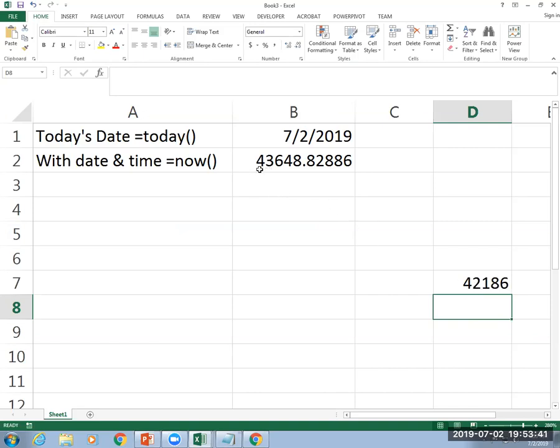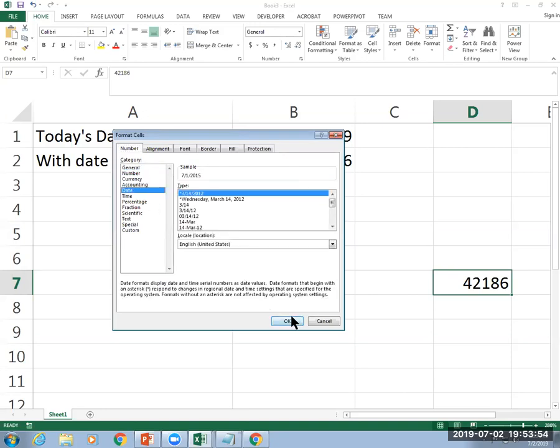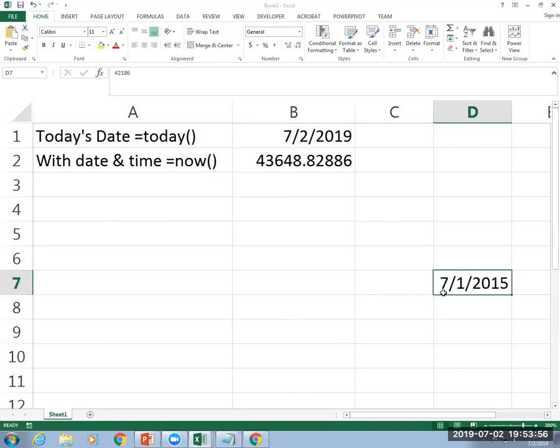In the modern way, it is 43,648. This in modern times, if I convert this to date, is July 1st, 2015, which is about 4 years off.